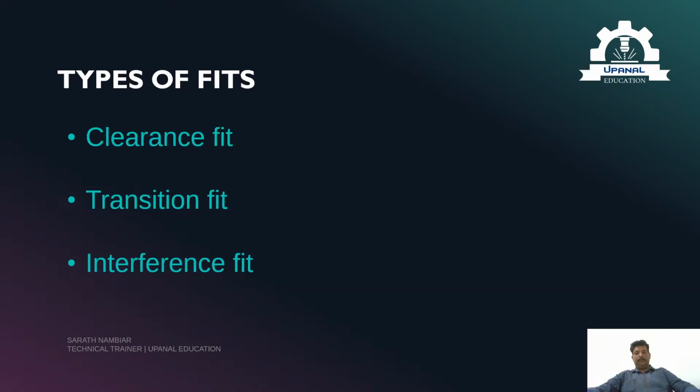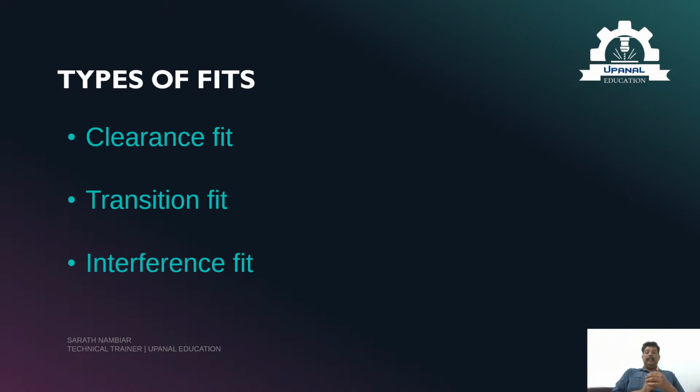Now, in engineering, all these fits are grouped into three main categories. What are the three main categories? One is the clearance fit. Clearance fit means always loose. That is, the shaft is smaller than the hole. Next is the interference fit.